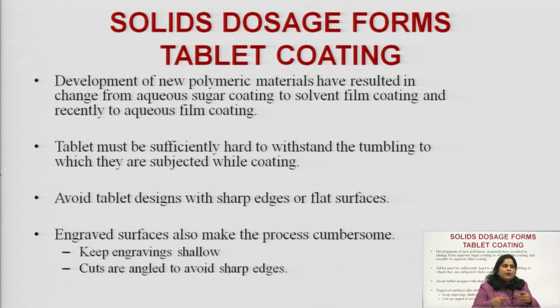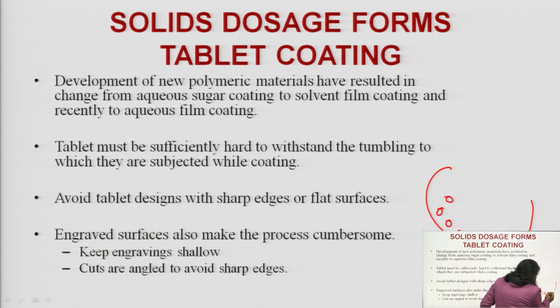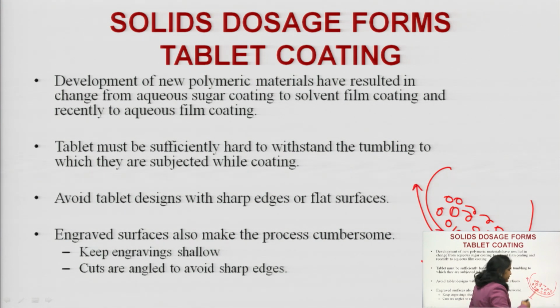Because in the coating pan the tablets have to tumble, this is a coating pan, and it is filled with tablets. This coating pan rotates on its axis and is mounted on a shaft. When it rotates, the tablets move upward and then tumble down.